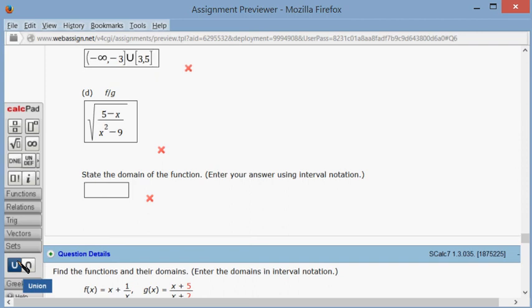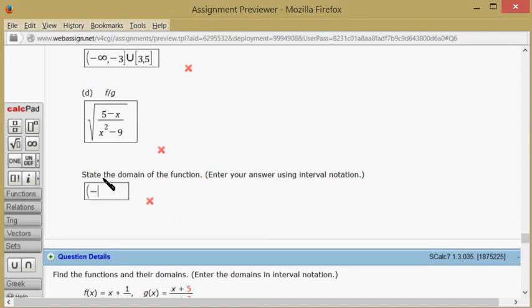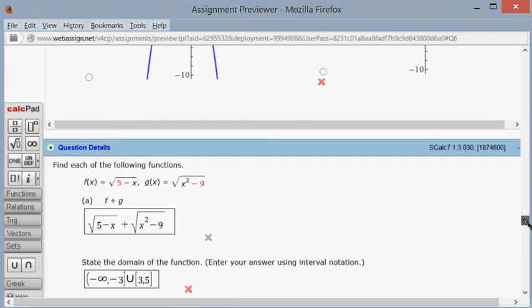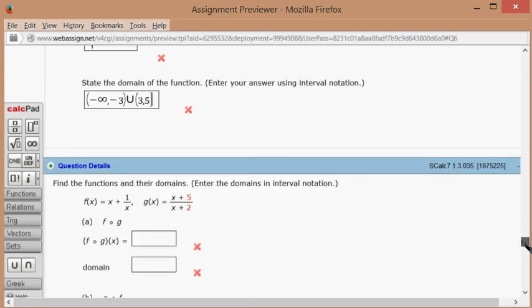Then for the last one, we just have to eliminate negative 3 and positive 3, so it's very similar, but it's negative infinity to negative 3, but put the parenthesis, and the union, and then you have a 3 with a parenthesis and a 5 with the square bracket. So those are the domains. Let's check.